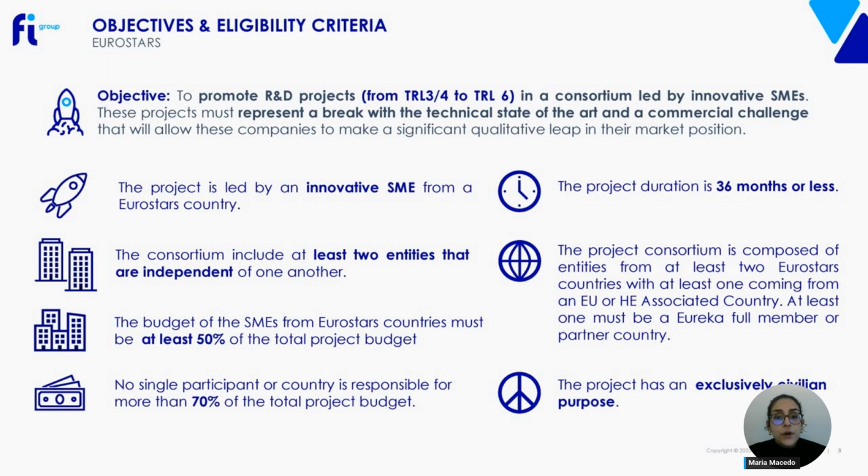Other things that are important to notice is that the project consortium should be composed of entities from at least 2 Eurostars countries, with at least one coming from an EU or a Horizon Europe associated country, and at least one must be a Eureka full member or partner country. Moreover, the project should be led by an SME from a Eurostars country. This is key to retain.